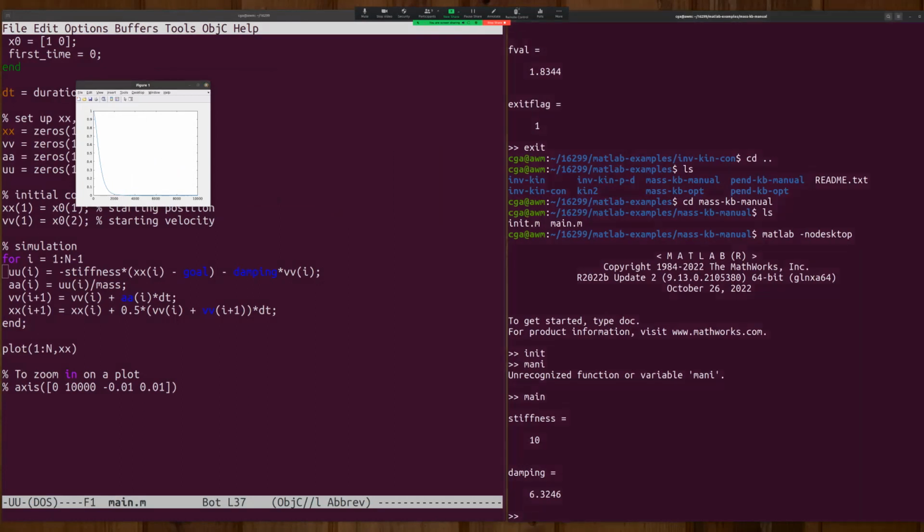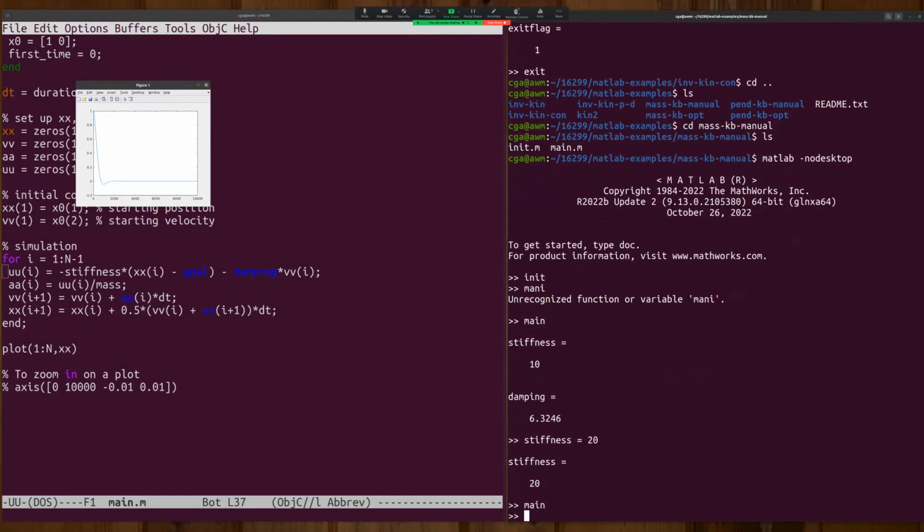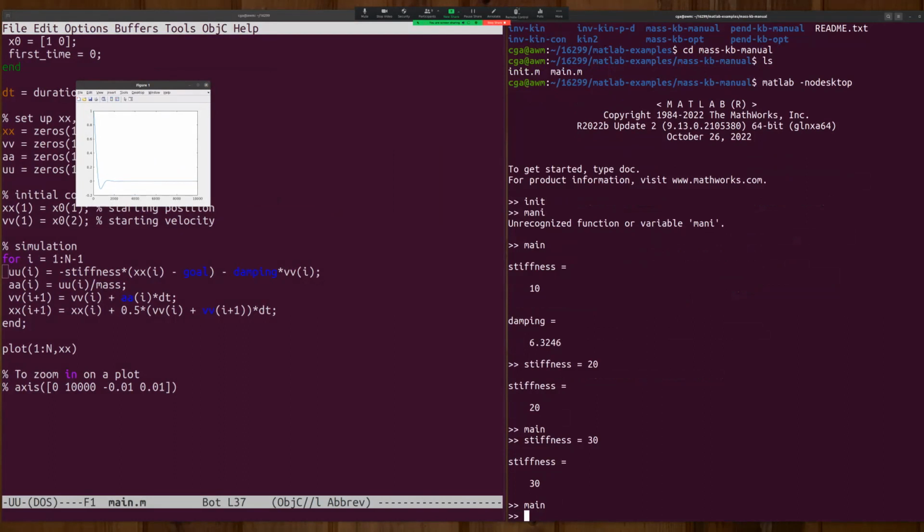Okay, and just for laughs, let's say we want to go faster. So I'm just going to say, let's make the stiffness 20. And let's run the simulation again. Now, it is faster, but we're overshooting. And if I made the stiffness 30 and the damping remains the same, I overshoot even more.